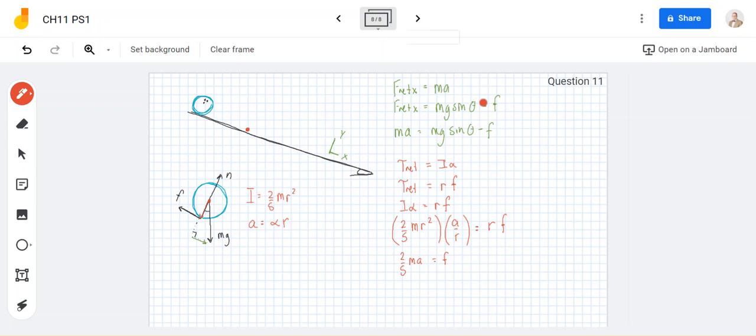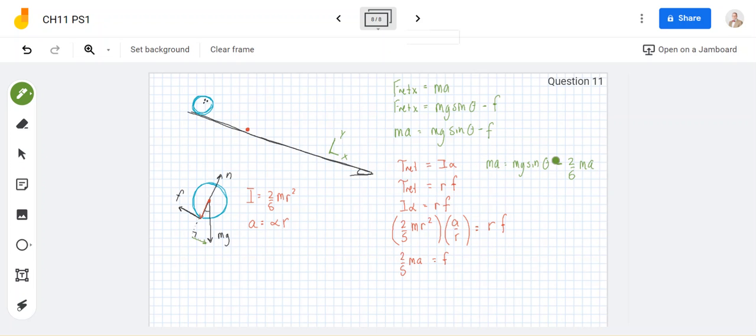Now I'm going to come up here and insert this into my friction up here. So I have negative 2/5 ma on this side, and I have basically 1/5 ma on this side.